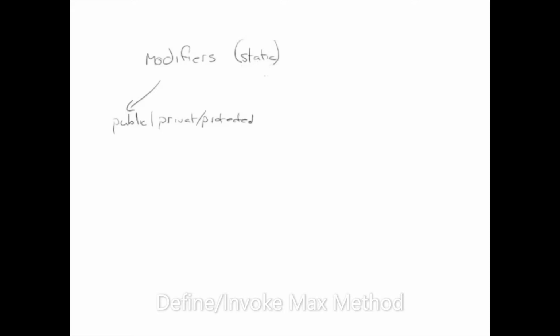So this one's optional. It's either a static method or a member method. Then we have a return type. Then the name, so the name of the method. And then a parameter list. And then finally we have the block of code that defines the method. So there's a lot that a method actually has. But all of the methods always look like this.